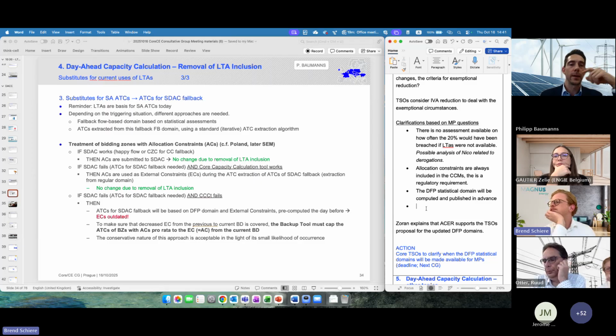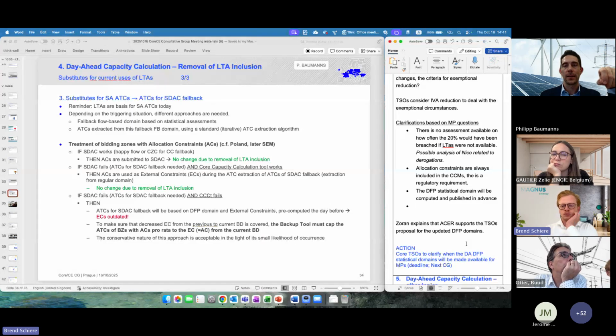There's just one minor remark, and that's a big block on this slide: it might be that the Polish allocation constraints have been updated in the meantime. If SDAC works, of course, they are considered in the domain, and if SDAC fails, it works as well.